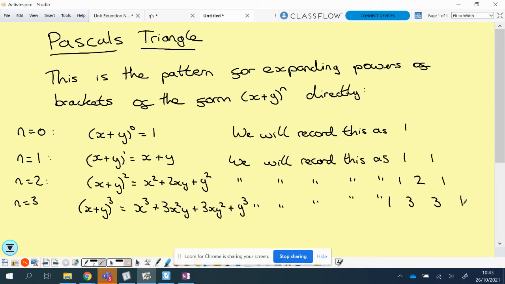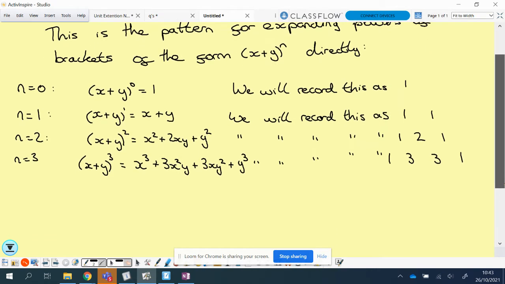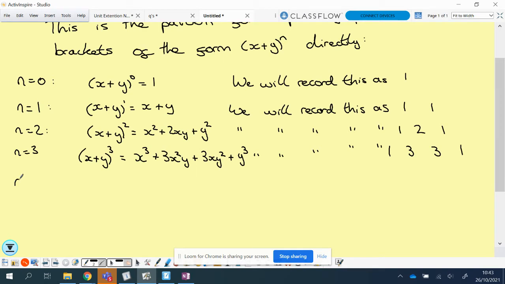If I just go over one last one to finish off, n equals 4. That would take a lot of time to practice and get multiplied out, but eventually that would lead to x to the power 4 plus 4x cubed y plus 6 lots of x squared y squared plus 4 lots of xy cubed plus 1 lot of y to the power 4.